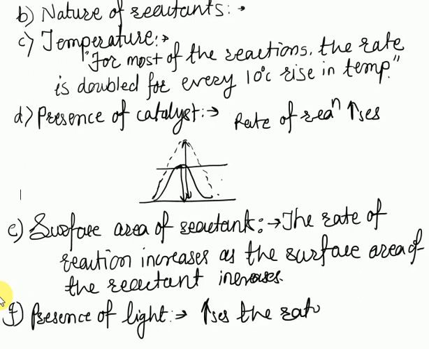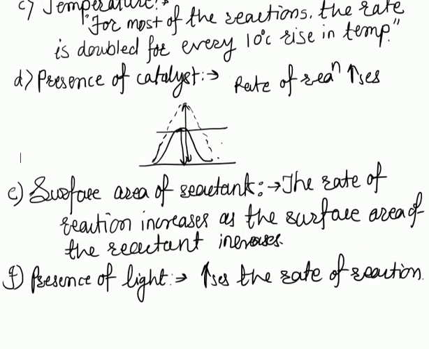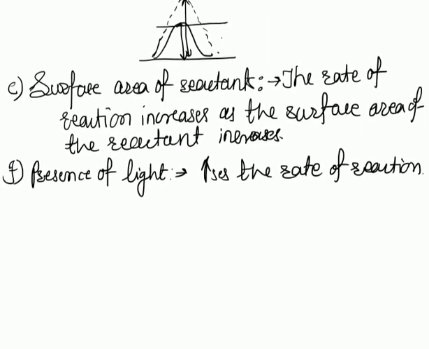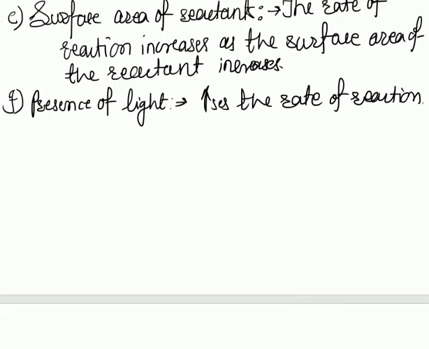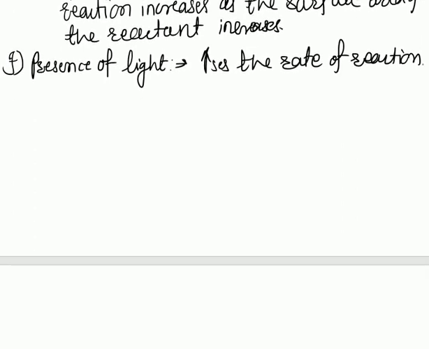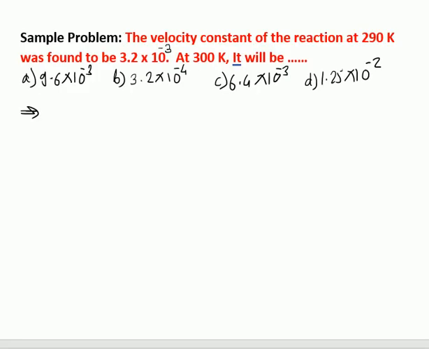Now see a sample problem on the same factors affecting the rate of reaction. The velocity constant of the reaction at 290 Kelvin was found to be 3.2 into 10 raised to minus 3.